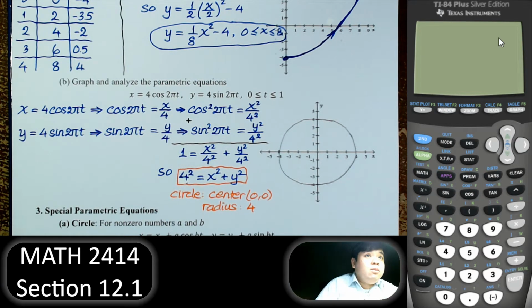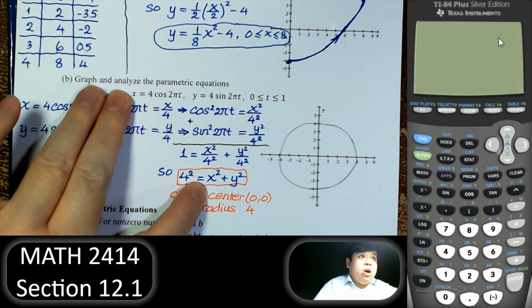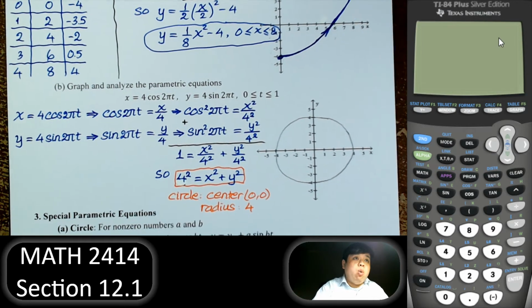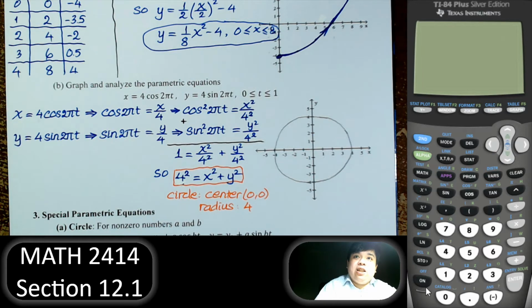Anyway, so that's a circle. However, as I said, this equation and that equation, there is a lot of information that is missing here. First of all, we don't know where the direction goes. So let's graph this first and see what happens.